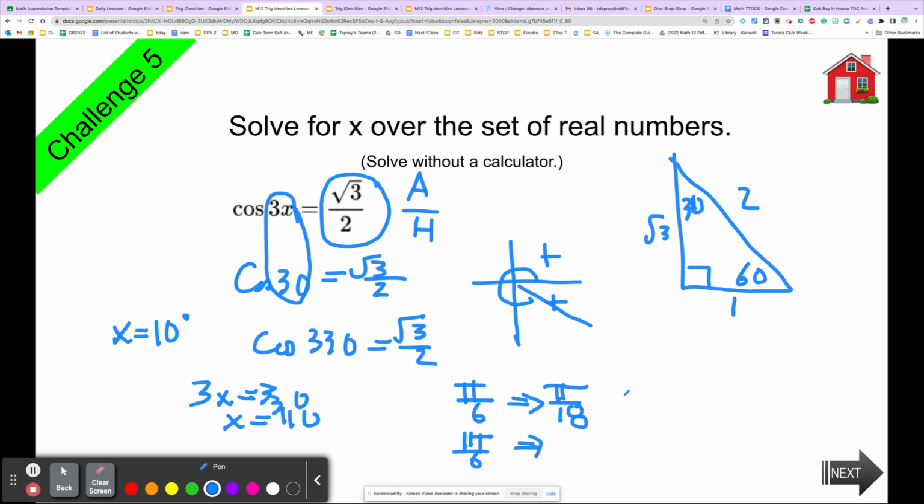And now what I need to do for both of these is add the period. Okay, so here we are. We're going to add the period here, and my pen isn't working for some reason.